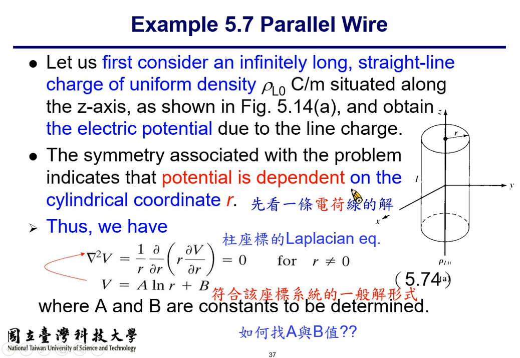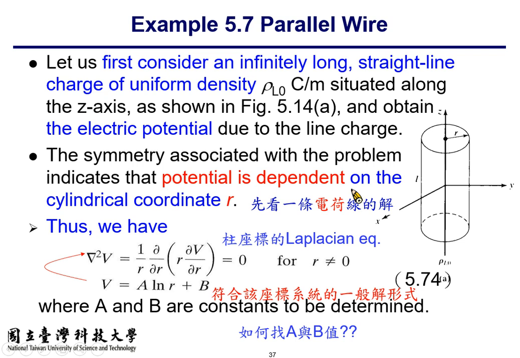So with just one wire, with just one kind of charge, the electrical potential built up by this line charge can be found as a one-dimensional problem.